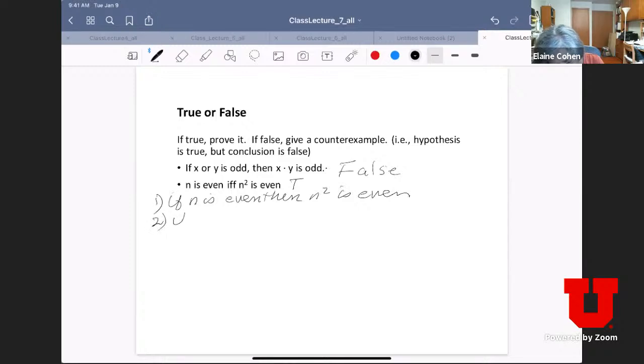Subproof 2 is if n squared is even, then n is even. This one's pretty straightforward. That's a direct proof. This one, we already said, that's a contrapositive proof. When you have an if and only if, you have to go both directions on the proof.